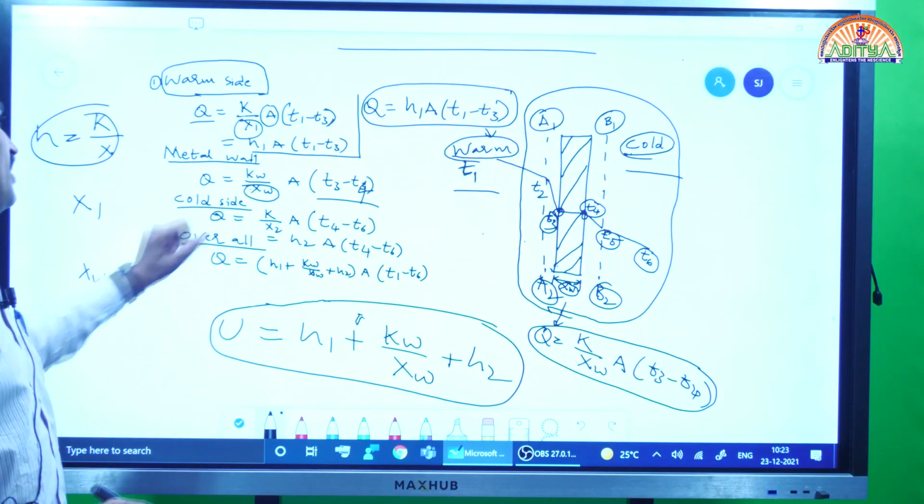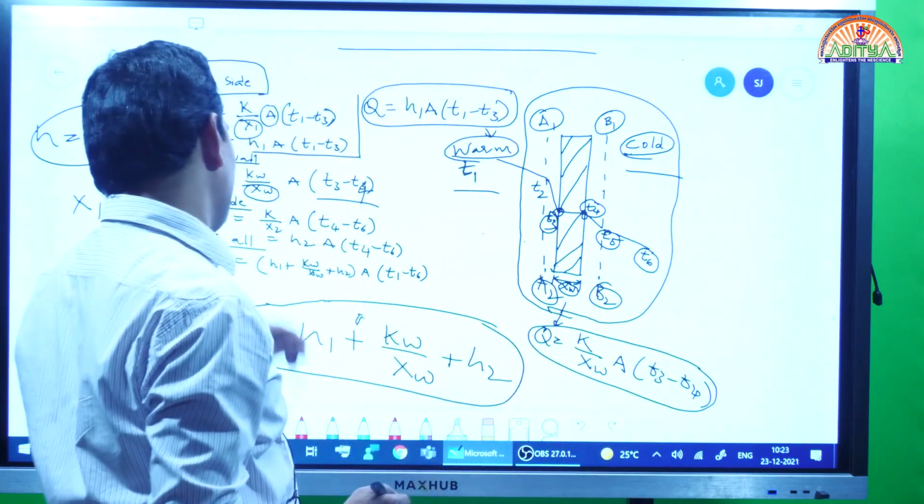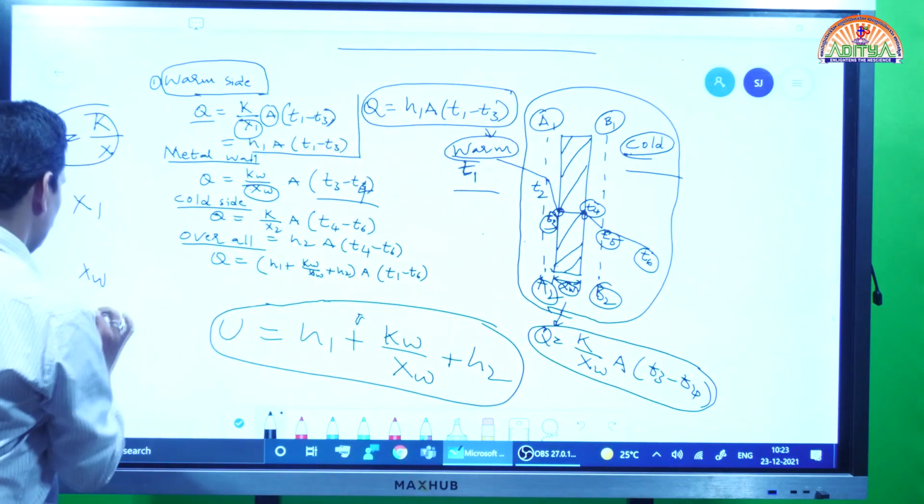Okay. So, coming to the cold side, that means this side, how the heat transfer is going to occur. Here the film thickness is x2.